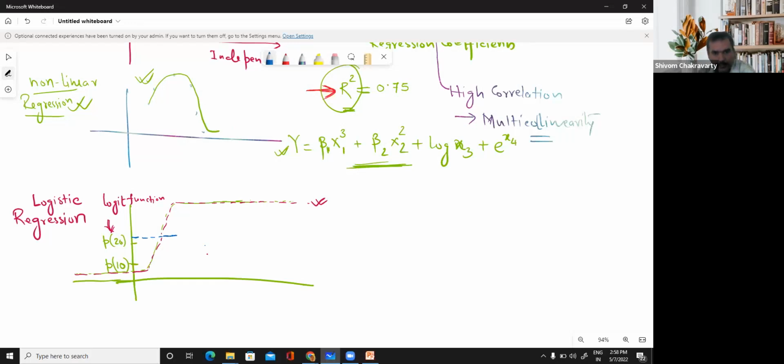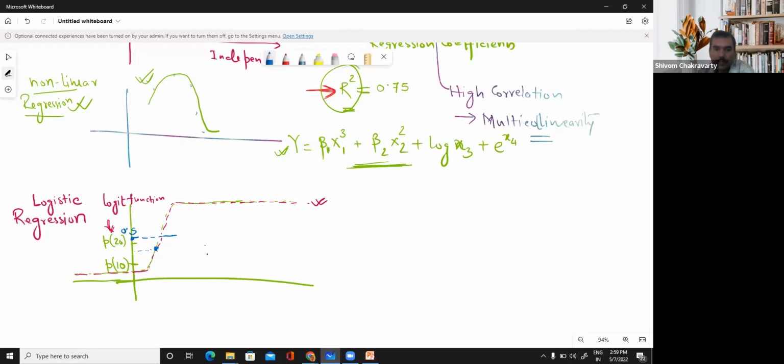Say the threshold value of probability is 0.5 or 0.4. In this case we have taken 0.5. So for whichever outcome the probability is less than 0.5, say this outcome, this probability is 0.5, we will consider it has not crossed the threshold.